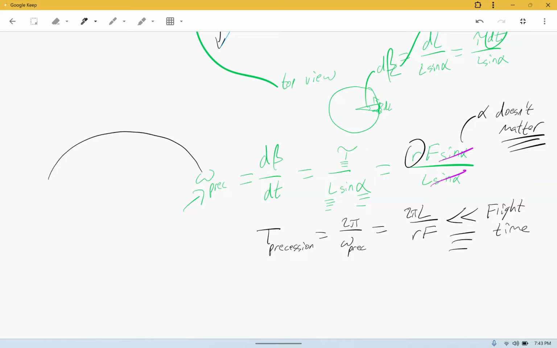Remember, the air resistance is going to be opposite of the velocity. So here this thing is traveling. Well, if it takes about this much time, the time of travel, to precess once, it's going to start doing its circle, and then it's going to be like, what? I'm lost. And it's really just going to start flopping around, which is what really bad football throws do. So as long as you can achieve that, then it's actually going to spiral, and just keep following the force.